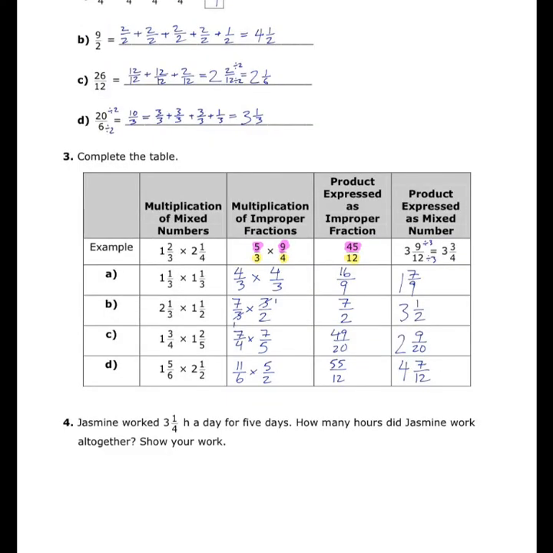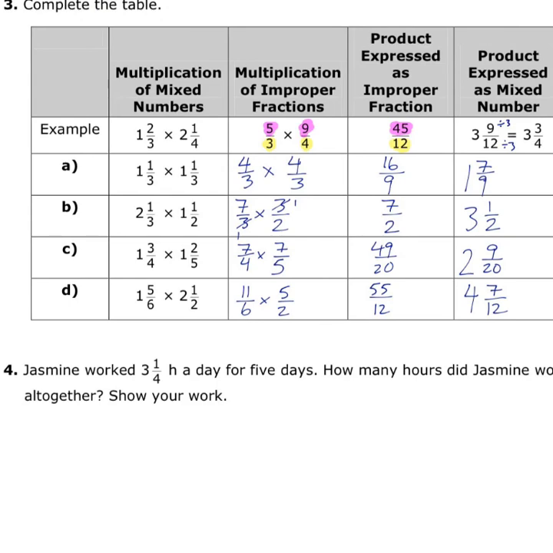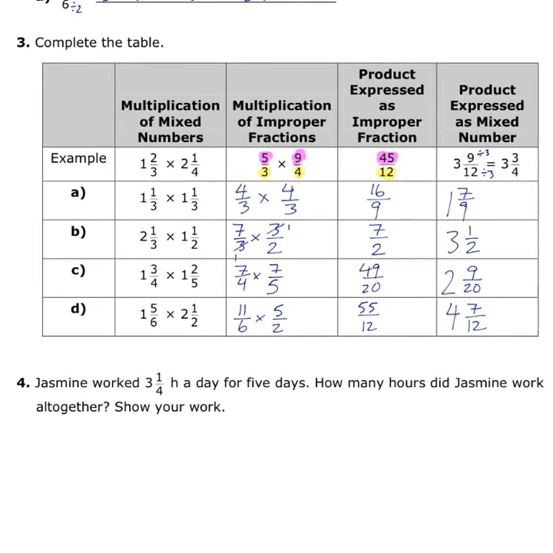So now we can move on to the last question here, number 4, where it says that Jasmine worked 3 1/4 hours a day for 5 days, and we want to know how many hours did Jasmine work altogether. We want to show our work. So let's just zoom in on the area that we're interested in working with here without losing any of the text.